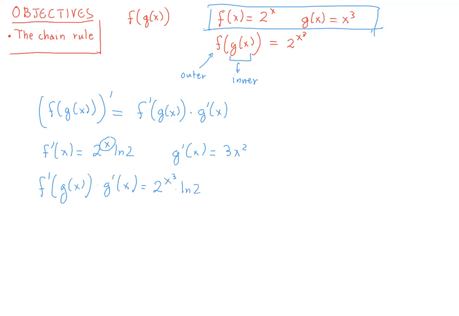And then you need to multiply by the derivative of the inner function, g prime of x, which is 3x squared. And that's what we get. This is the formal way of doing this. So you have to identify the outer function, the inner function, find the two derivatives, and apply this formula.